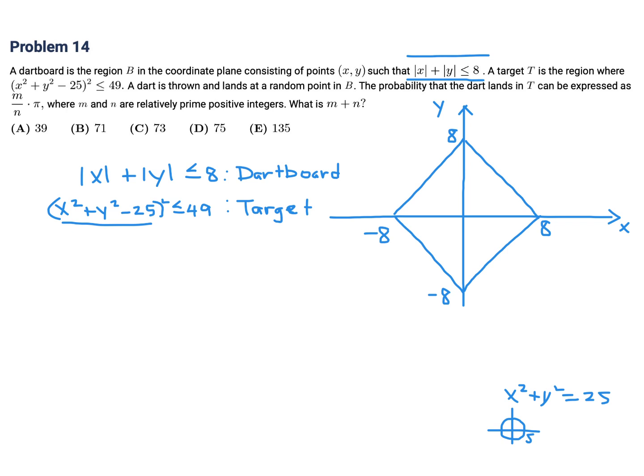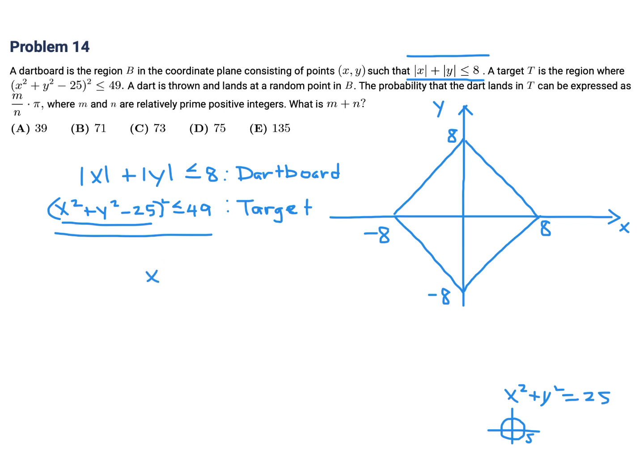Okay. So what does that mean for us? It means that we have to figure out where that is in this graph. So we have to work with this guy here.